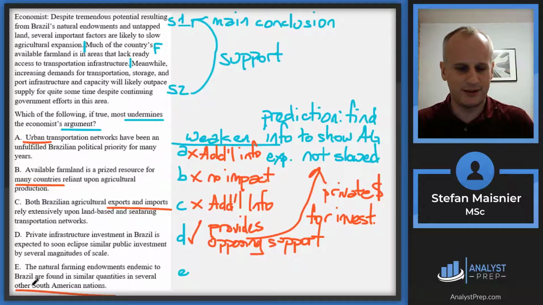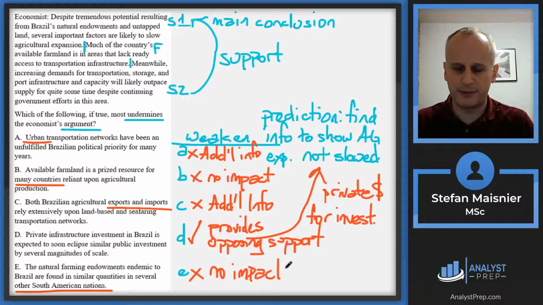Well, once again, we're not concerned with other South American nations based solely on this conclusion. So we can eliminate choice E as having no impact on the explicit argument, and select choice D as being the answer choice that best shows the conclusion that we identified through the conclusion test as not necessarily likely.